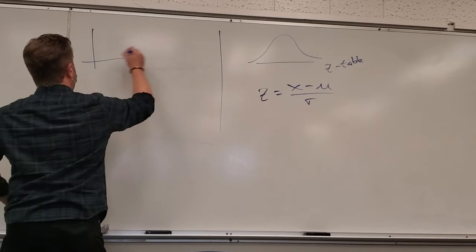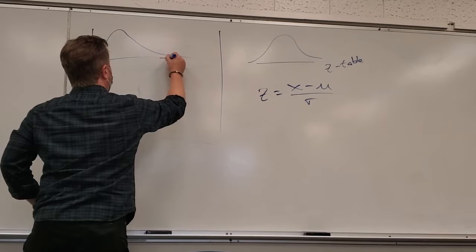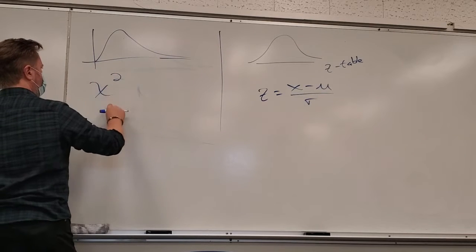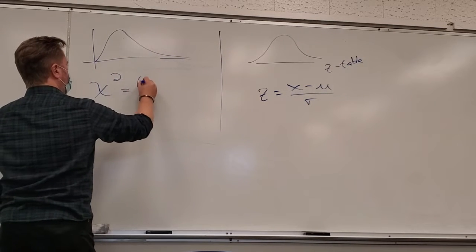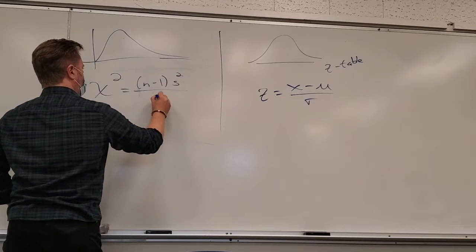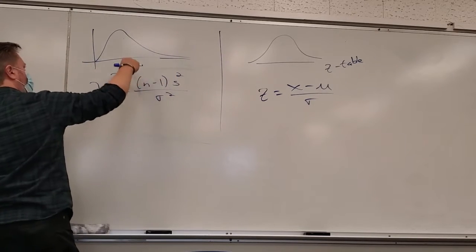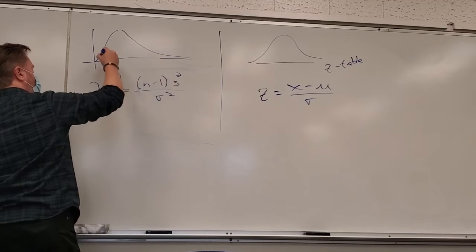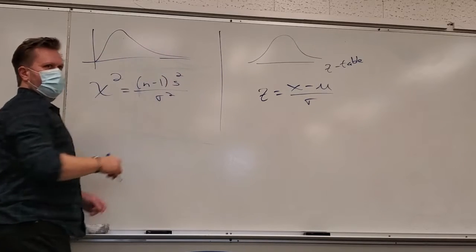So now we've got this shape. We so far have told you one chi-square definition for an equation where if I do this for a sample, I can find where it falls in this picture.